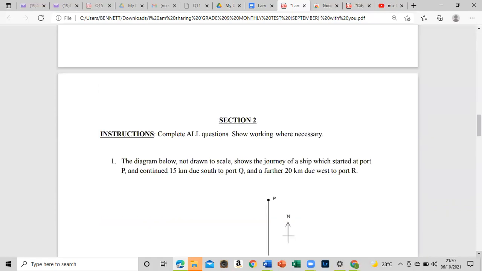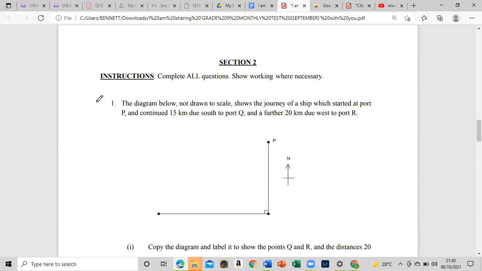Alright, so section 2 now. Read section 2 carefully.